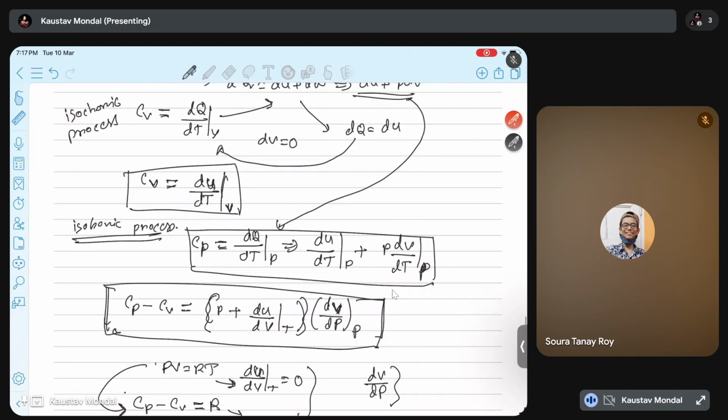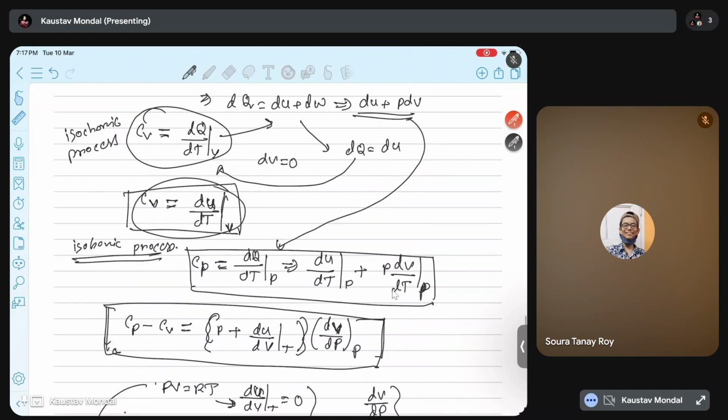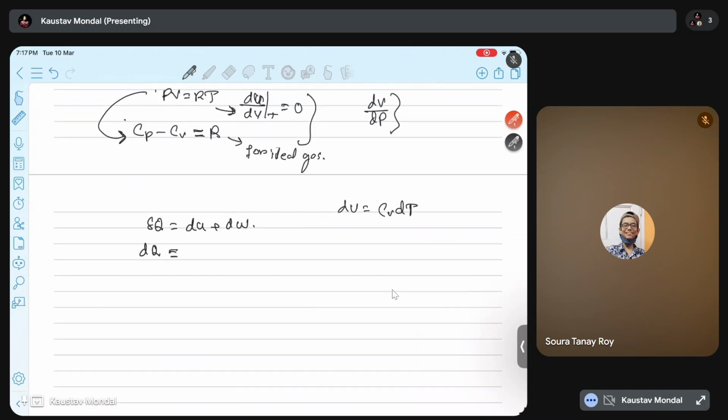So the change in internal energy is dU equal to CV dT, and dW we already know, P dV.